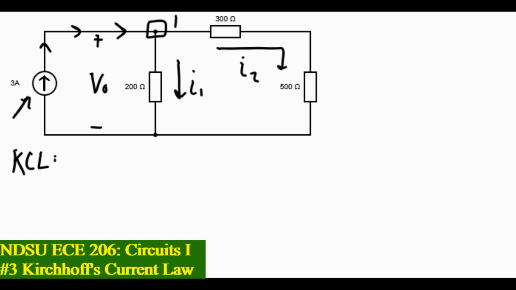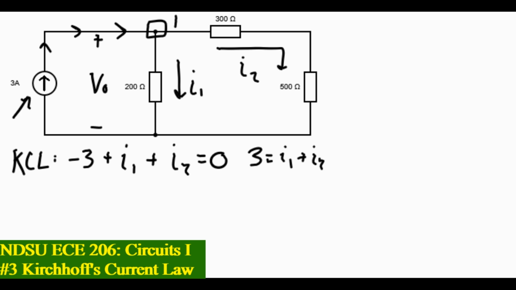Okay, we have 3 amps going into that node, so we would also have negative 3 amps going out, plus I1, which is going out, plus I2, which is also flowing out, equal to 0. These are all the currents flowing outward from that node. That's going to give us 3 equals I1 plus I2.